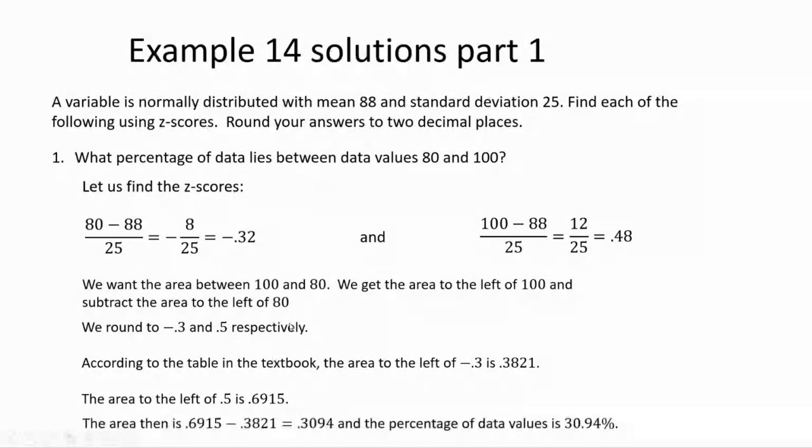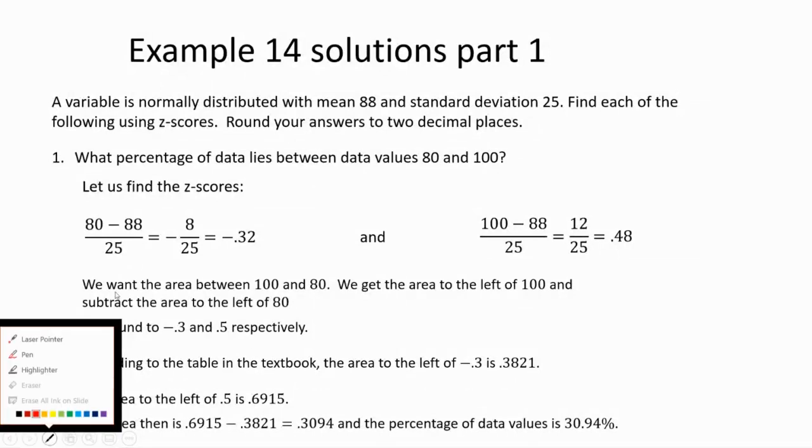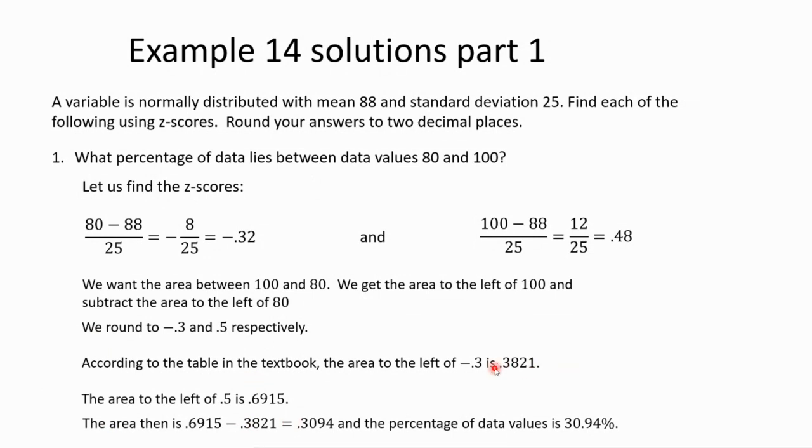Okay. So again, we subtract areas, right? So that's what I'm saying here. The numbers here. This is the area to the left of negative 0.3. We saw that. This is the area to the left of 0.5. And we subtract. And you'll end up with this.